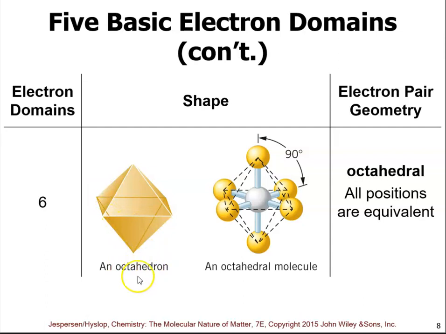We also have a different name. It's an octahedron. Oct means 8, so it's an 8-sided shape, almost like a diamond. Here we have 90-degree bond angles between all of our bonding domains. Between the axial and equatorial positions, they're all 90 degrees. They're all equivalent positions on this one.